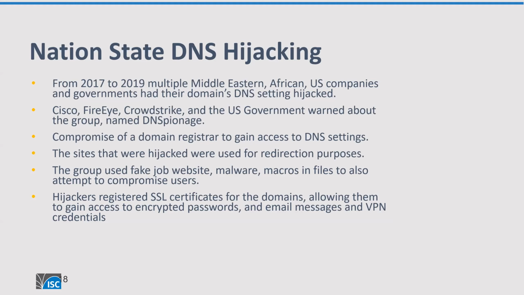And it looked like that had been compromised or abused in some way, and that's how they look to be gaining access. And that's what happened with this nation-state DNS hijacking.